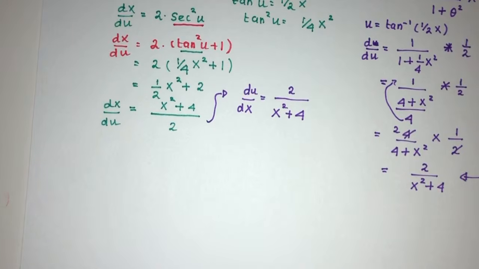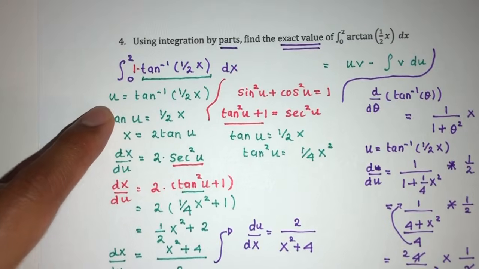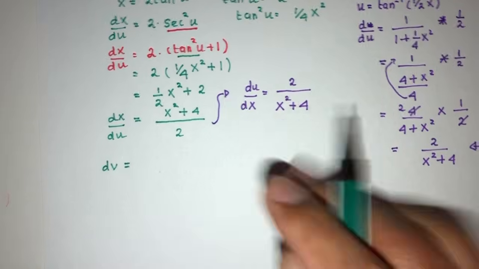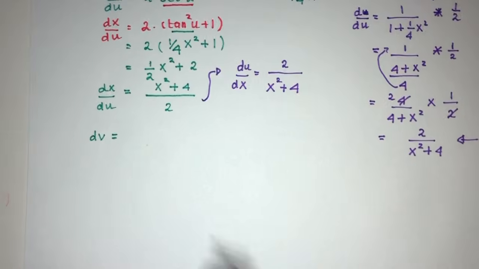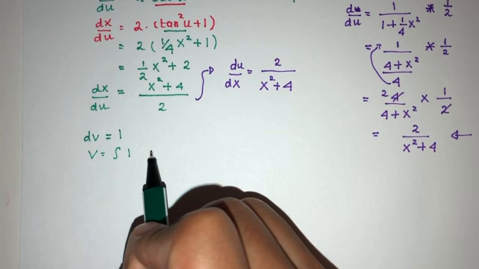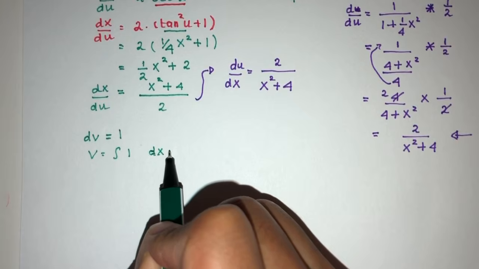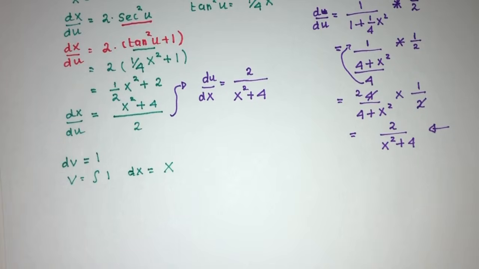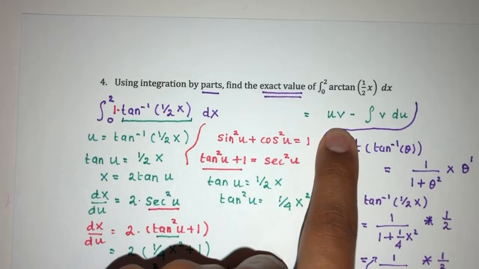Okay. Now we have u and du. We have to find v. Obviously, dv will be the value of 1. So dv is 1, so v will be, with respect to x, x. Now all we have to do is replace back in the main equation, which is the one we have to use for integration by parts.